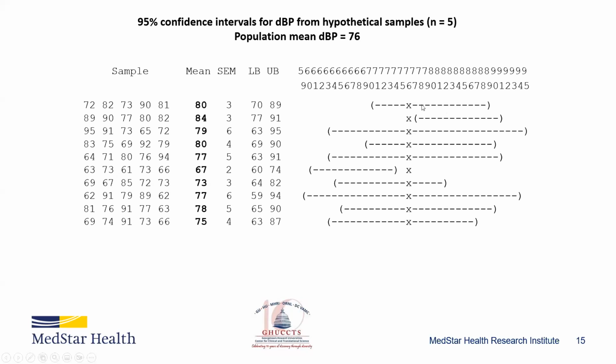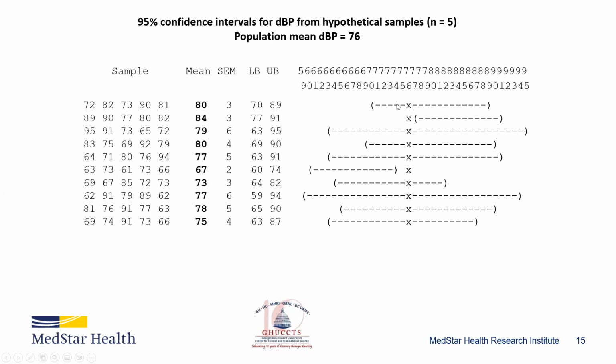What we mean when we talk about a 95% confidence interval is that over repeated sampling, 95% of the time, the true population mean is going to be included in this confidence interval.